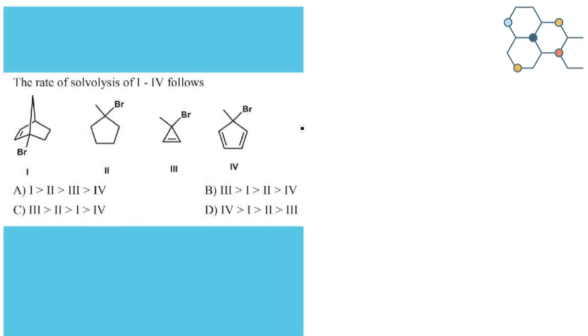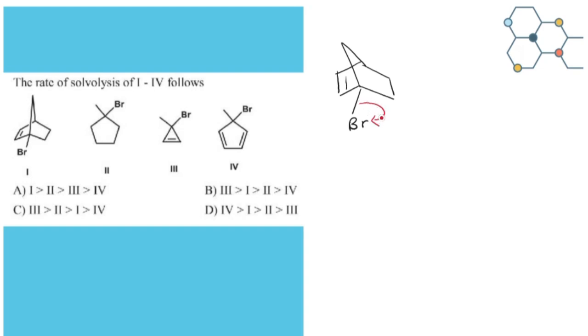When the given compounds are taken in solvents like water, methanol, ethanol, they do undergo heterolytic fission. What is heterolytic fission? Let's take the first molecule and understand the reaction happening here. Since bromine is an electronegative element, it withdraws both the electrons.